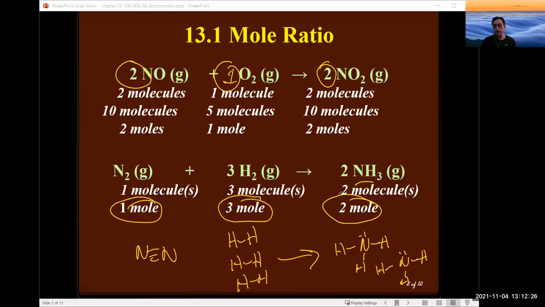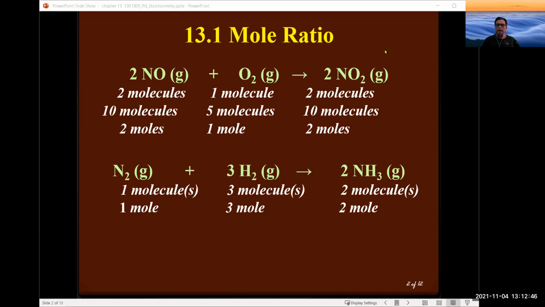All right, 2 molecules or 2 moles. We really are interchanging the terms. When I want to demonstrate the process, I say molecules, but when we're doing reactions, we're dealing with a large quantity and therefore we're dealing with moles. Okay, so let's do this.